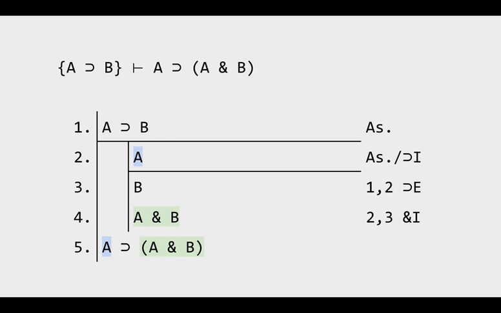And because of that, we can end a subderivation. We establish that the assumption of the subderivation, line 2, is the antecedent of the conditional we just established. And at the bottom of the subderivation, we have the consequent. So all we do is put those there. That's it. That's how that goes.